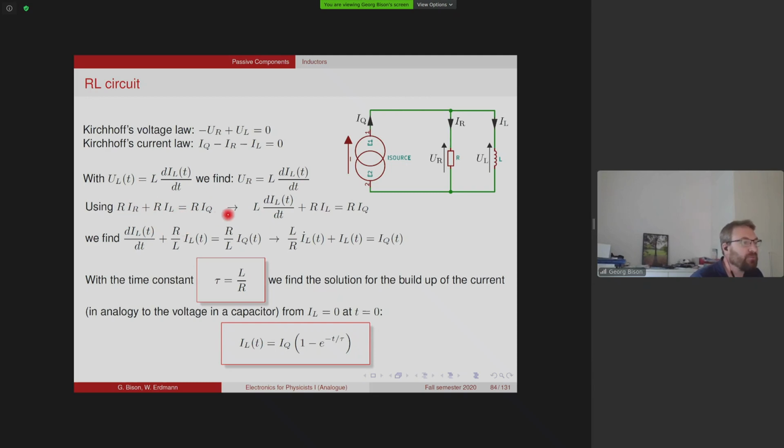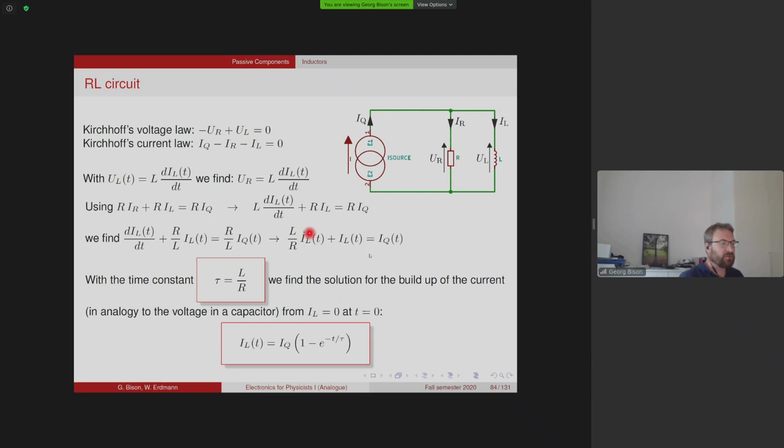And then we identify that this is Ohm's law for the resistor, which is this voltage, and this voltage we can replace with this expression. Which gives us, after reforming it a little bit, again a characteristic differential equation, which looks pretty much exactly the same as the one for the capacitor.